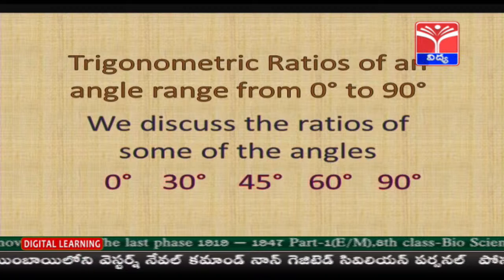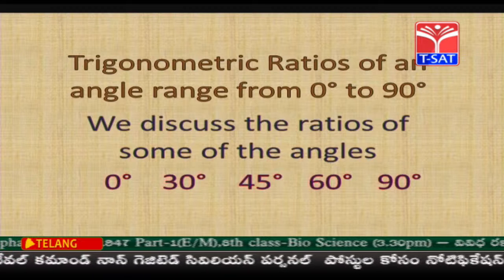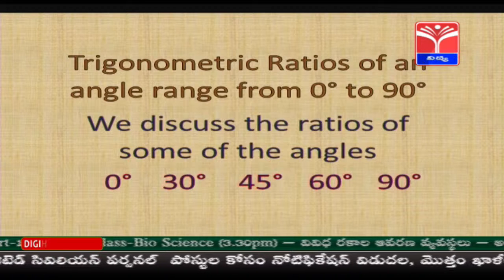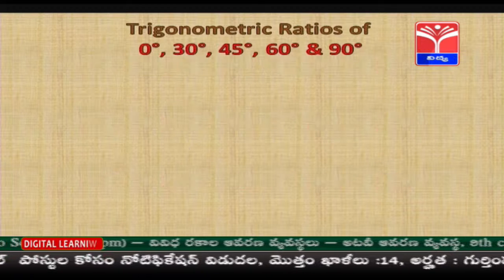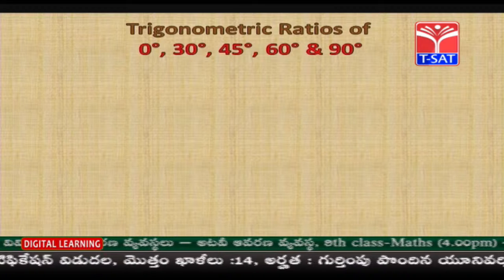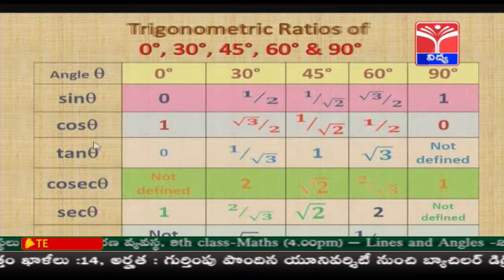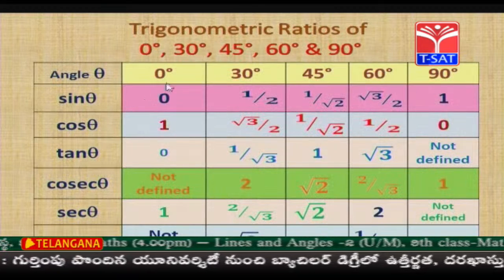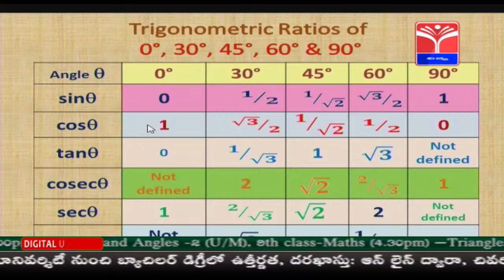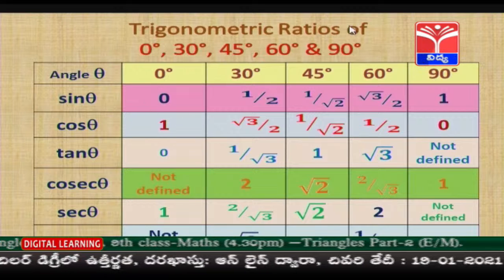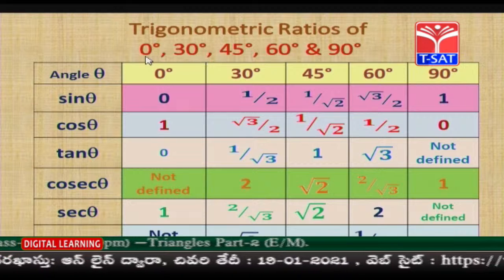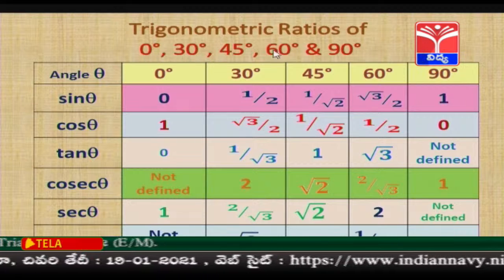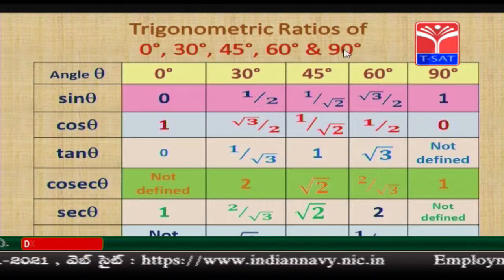Similarly, for cos, tan and other ratios also we will try to find out for these angles. So, trigonometric ratios of 0, 30, 45, 60 and 90 we will see here. See the table here. You are able to see the table. Children, now we are going to see the trigonometric ratios of different angles like 0 degrees, 30 degrees, 45 degrees, 60 degrees and 90 degrees.